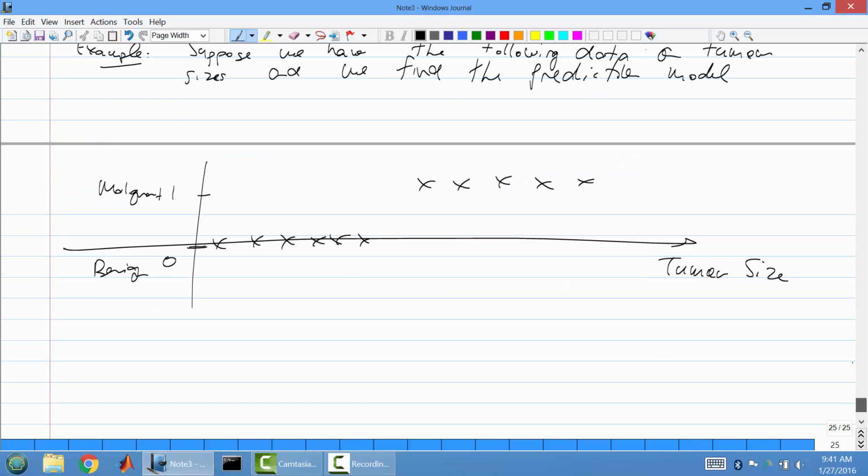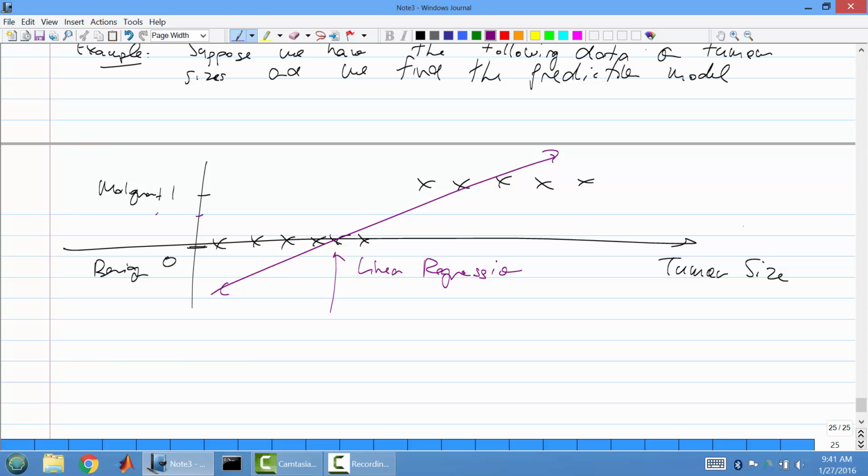And if you were to fit a line through regression, it would look something like this. Actually, no, sorry, this is bad. Okay, so this is linear regression. And with linear regression, you can threshold, right?